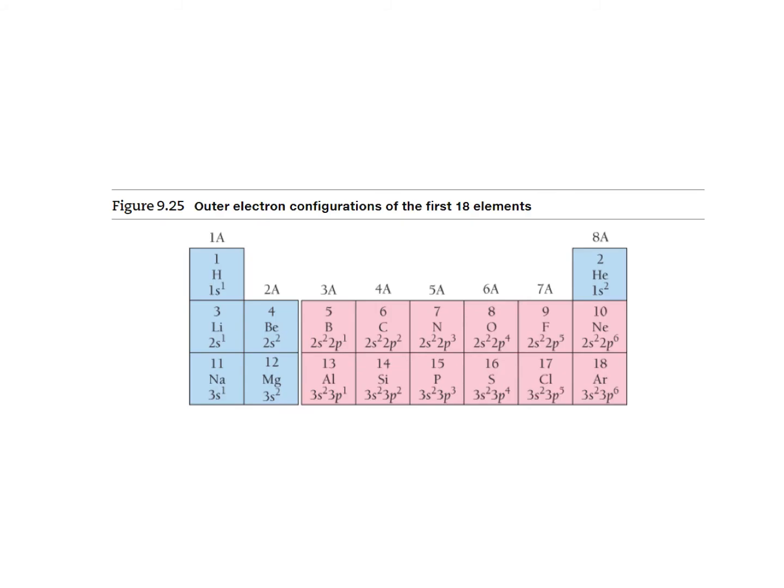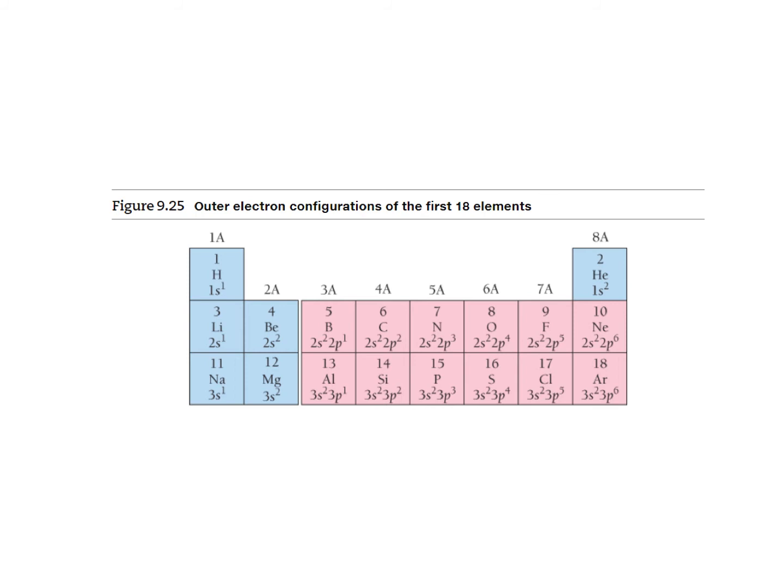Now, these are some examples of elements in the periodic table, and I encourage you to write electron configurations for these elements, and then look at the similarities between them.